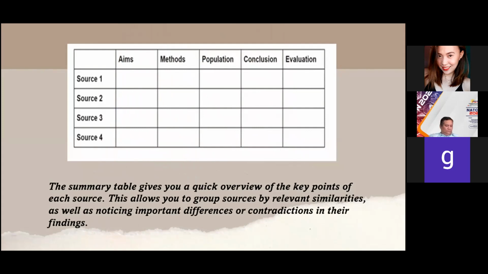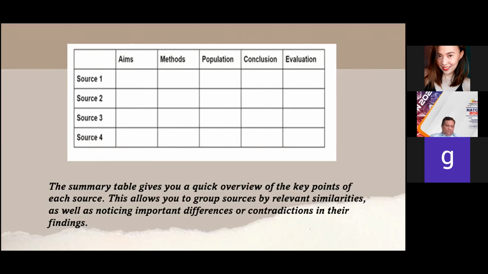Each row in the table lists one source, and each column identifies a specific part of the source. You can decide which headings to include based on what's most relevant to the literature you are dealing with. For example, you might include columns for things like aims, methods, variables, population, sample size, and conclusion.